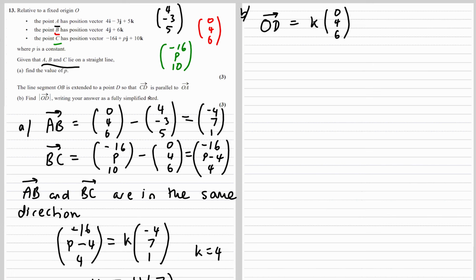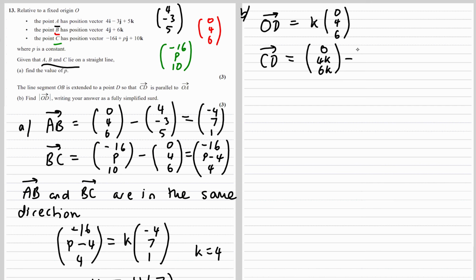And C to D is parallel to O to A. So the direction C to D is going to be D take away C. So D is, well, I'm going to multiply these, so 0, 4k, 6k.